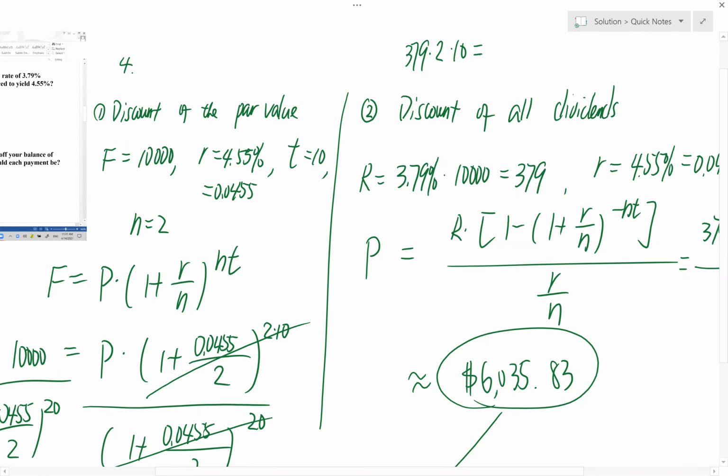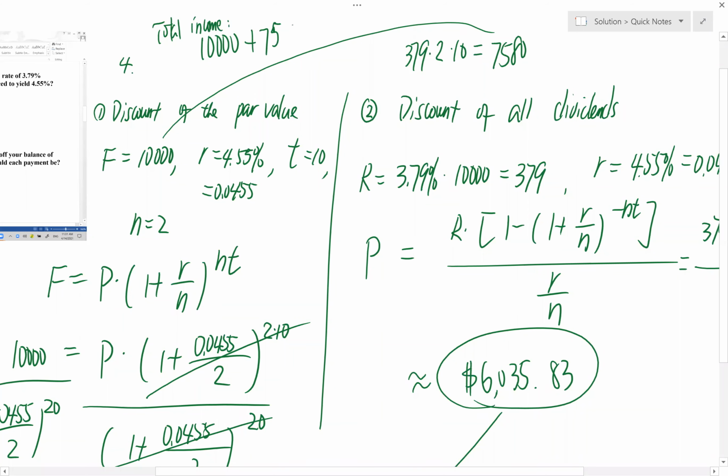That's why there's hidden income for most investors. So actually, you are receiving a combined total of $10,000 plus $7,580. So the total income you receive at the end, total return, is this much.